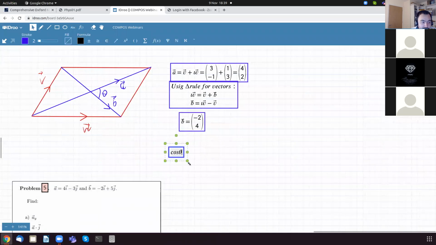Cosine theta is equal to the modulus of A, modulus of B. Oh, sorry. What am I doing? Of course not. It's the dot product of A times B divided by the modulus of A times the modulus of B.